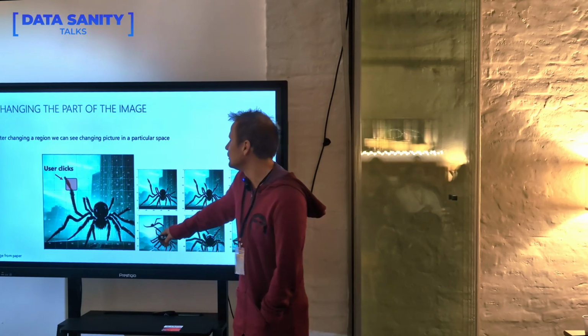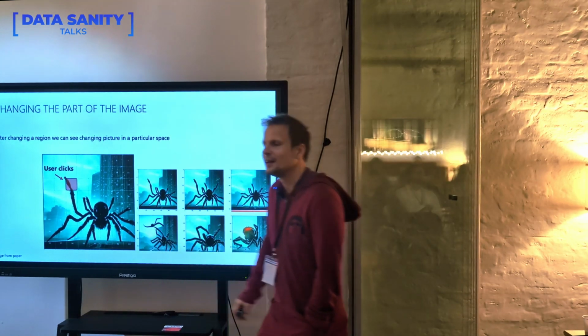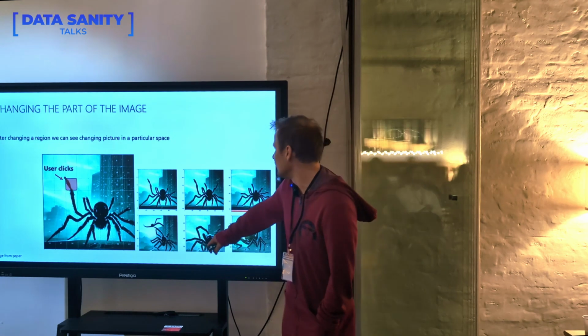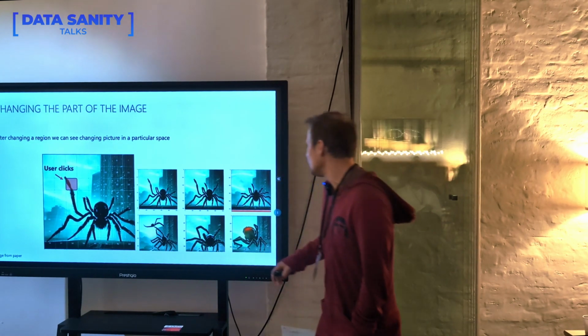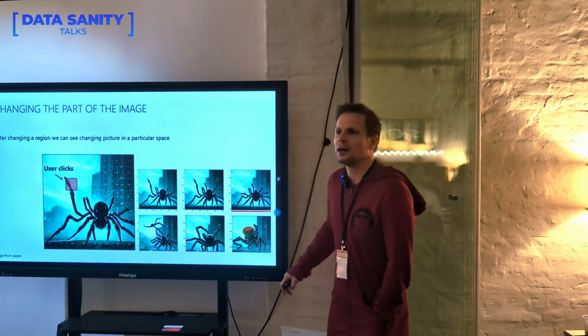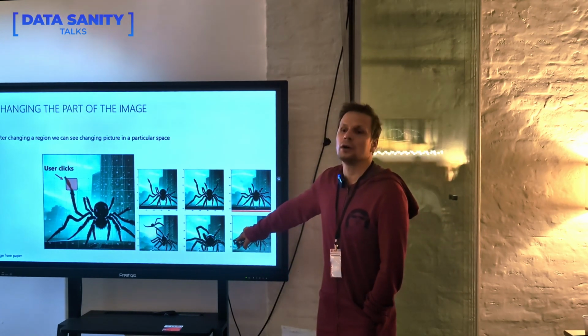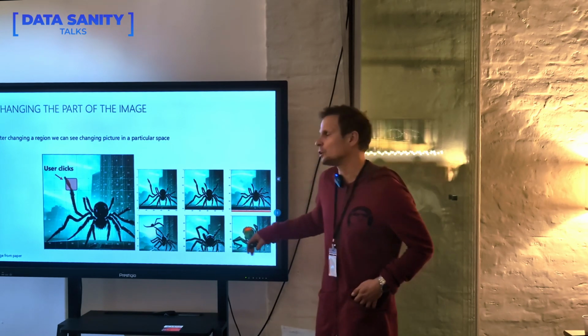We continue adding more noise, and it's like drawing a new spider here somehow. We continue adding, and it created a very big leg. And at the end, when we add a lot of noise, it's changing the spider itself. But based on this point as well, because this is the center of the noise we're adding to the picture.